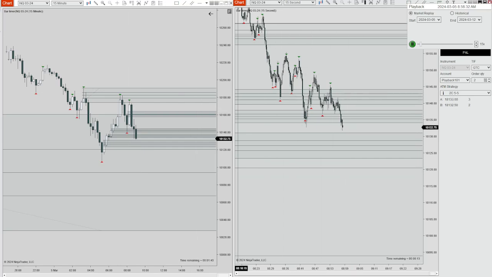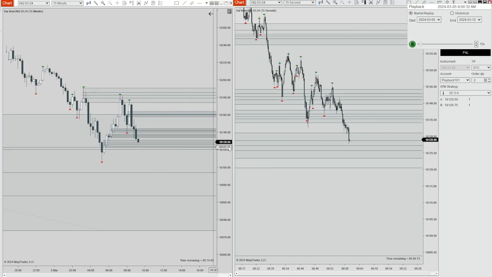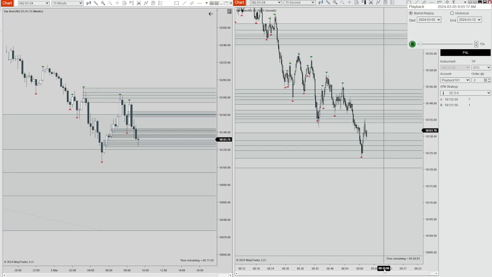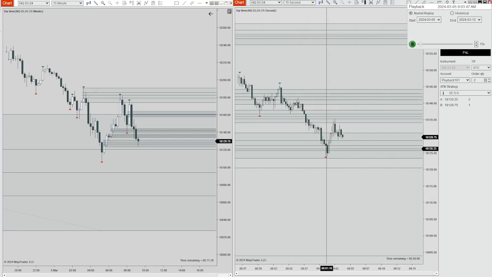But if you were just using your confluences, the 5 minute, 15 minute, then in that case you would look for shorts, right? Right, it's a pretty strong reaction.